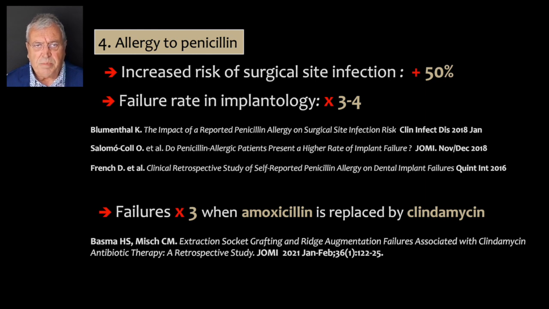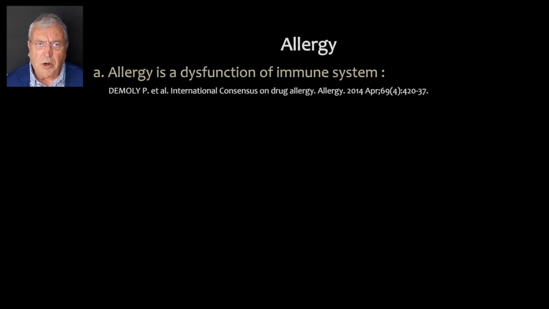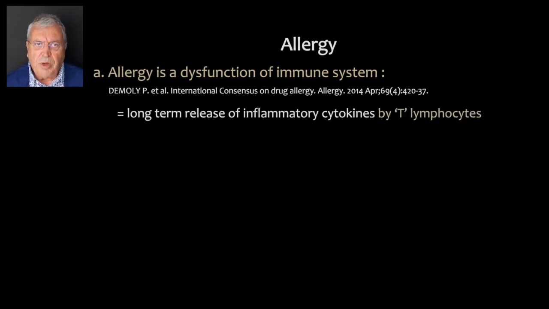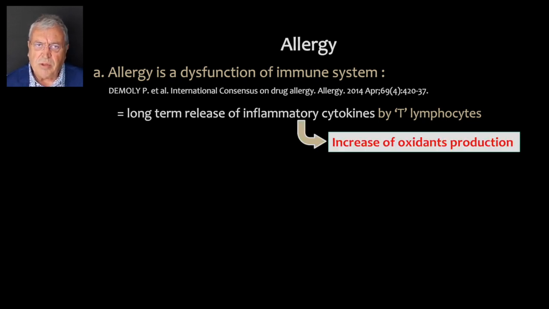Today, we can explain why. Allergy is a dysfunction of the immune system. What happens? We know that since the consensus conference in 2014, there is a long-term release of inflammatory cytokines by the T lymphocytes. And we know what happens when we have too many inflammatory cytokines.